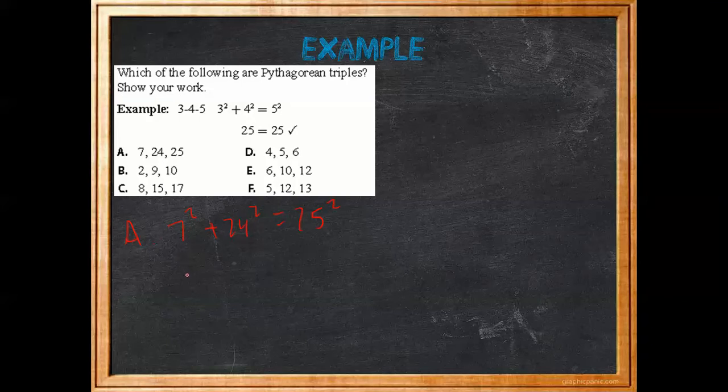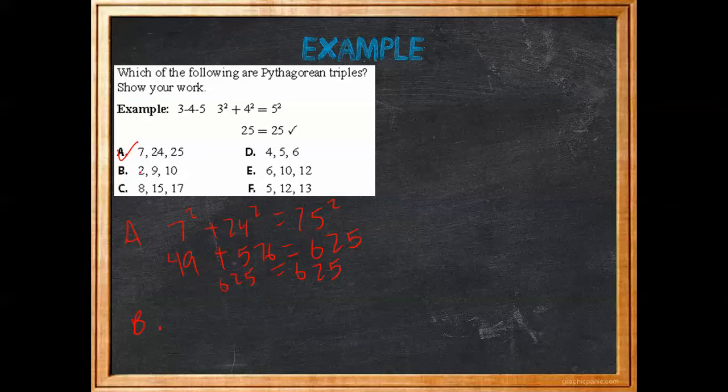Okay, 7 times 7 is 49. 24 times 24 is 576. And 25 times 25 is 625. So if we take 576 plus 49, 625 equals 625. So that one is correct.